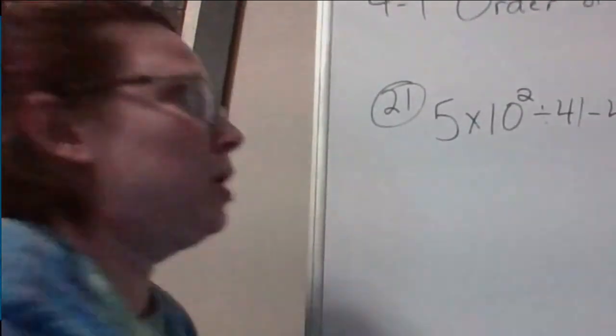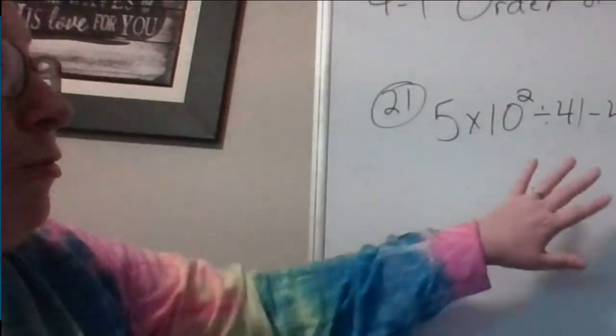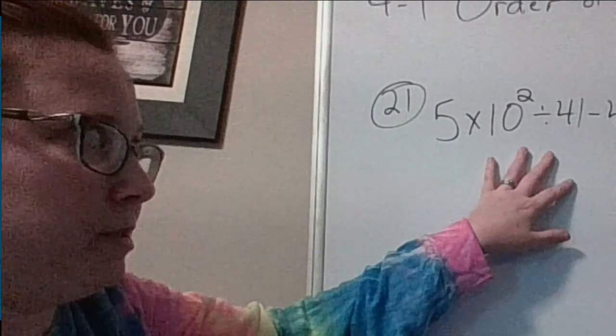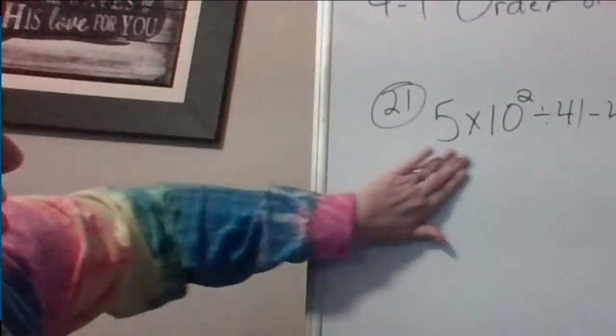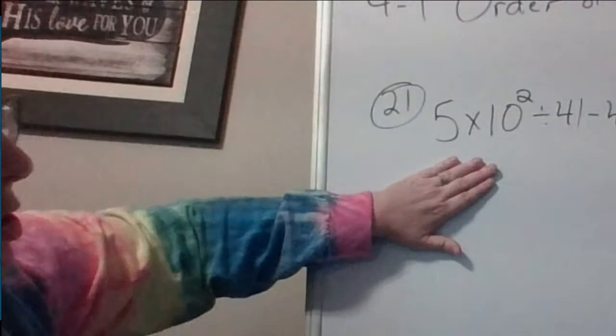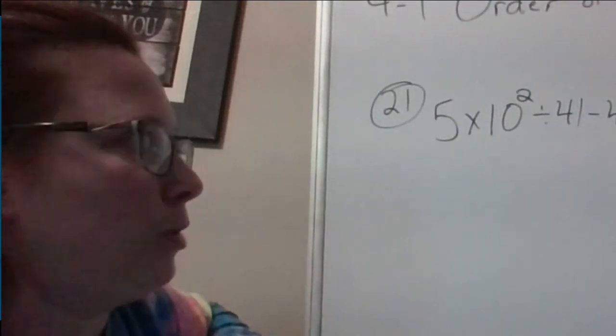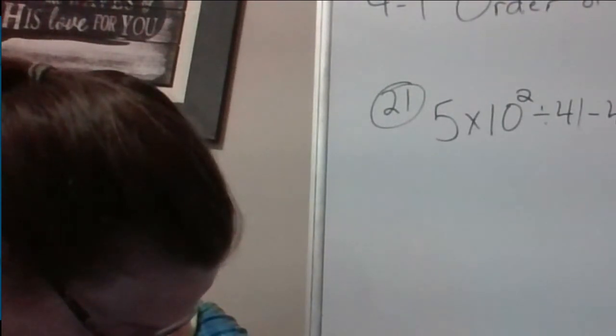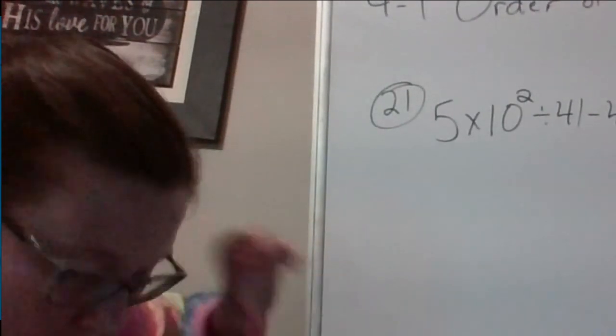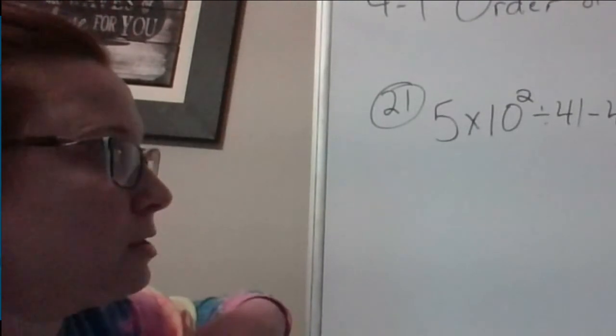So our job on these is to figure out where the parentheses go. So somewhere in this expression on the left side of our equation, somewhere there should be parentheses. Actually, they all just have one set of parentheses.